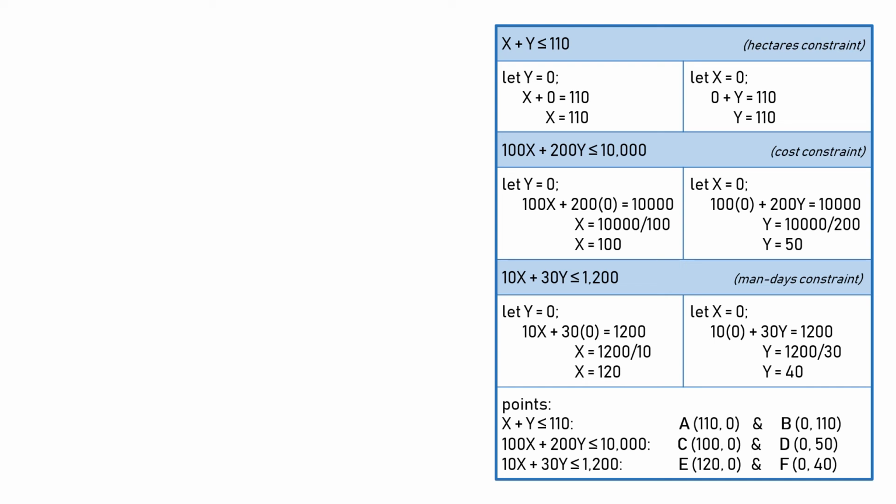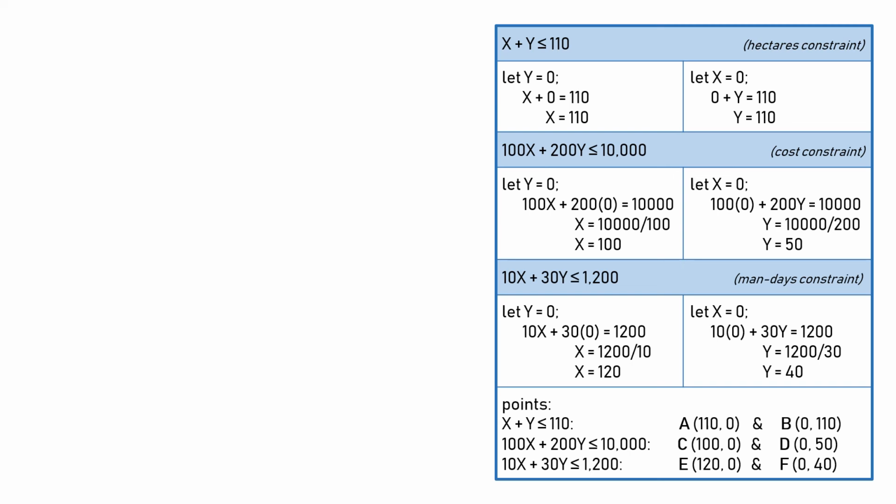That now becomes x plus y equals 110. To solve for x, we will set y to 0, which gives us x plus 0 equals 110, resulting in x equals 110 and y equals 0.